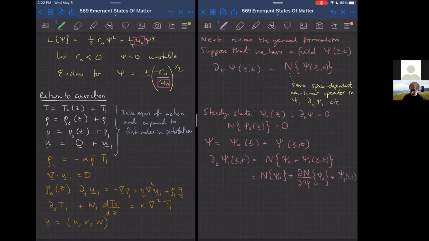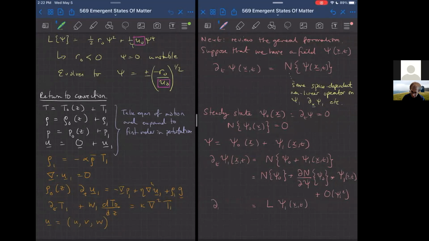This dN by d psi is kind of like a functional derivative or Fréchet derivative. It's just the derivative of this nonlinear operator. I'm going to write it down in this way, assuming that you understand what it means. And I'm going to define this to be a linear operator L acting on psi 1 of x and t.